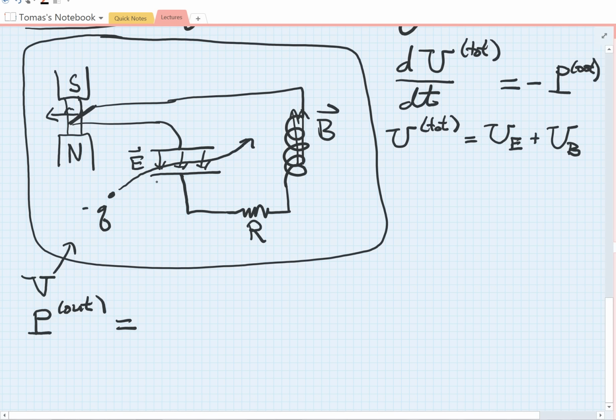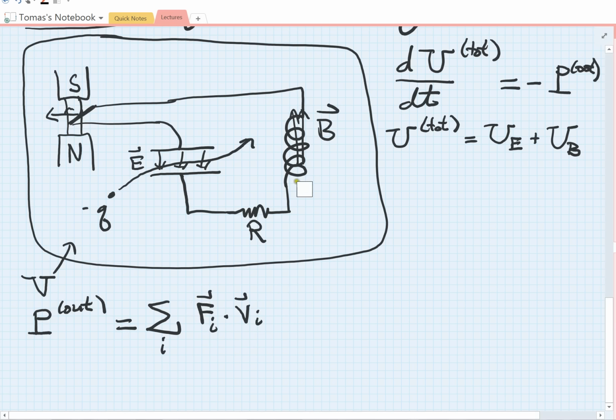That would involve a sum over all particles i of the forces that the particle i happens to be feeling, dotted with the velocity of the ith particle. So these are going to be any electromagnetic forces that are acting on particles traveling with different velocities.